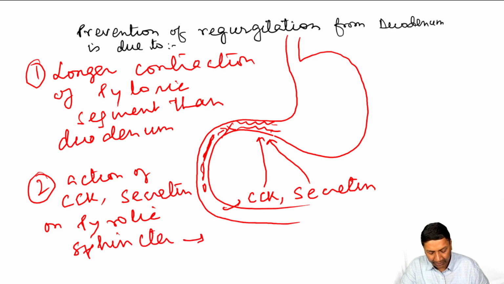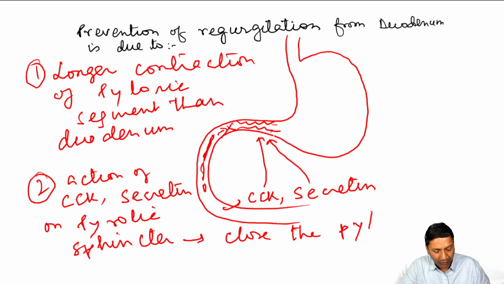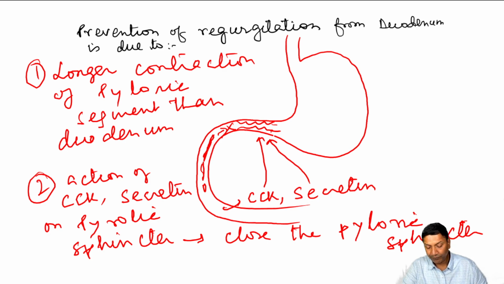What they will do on the pyloric sphincter is lead to constriction or closure of this pyloric sphincter, right. You can also say that they will lead to contraction of the pyloric sphincter, so this food will not enter back into the stomach, right. So these are two ways of preventing regurgitation from the duodenum, right.